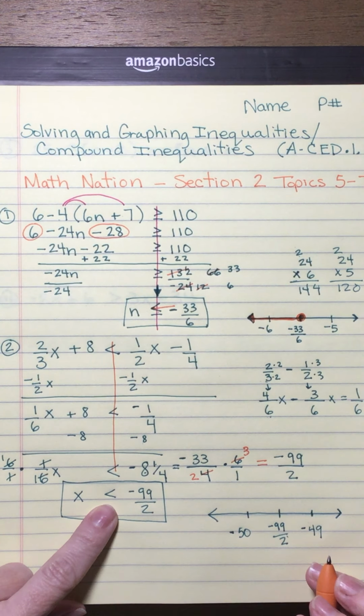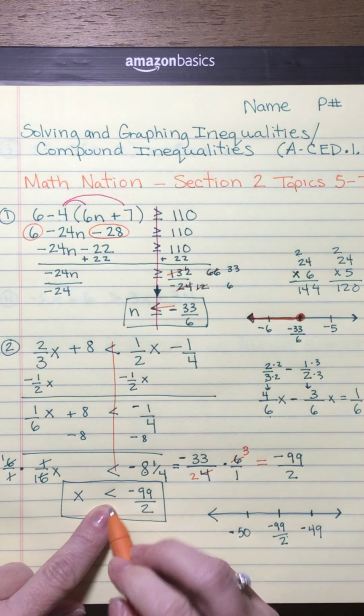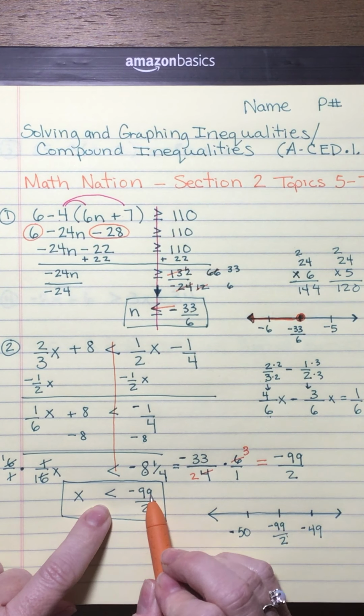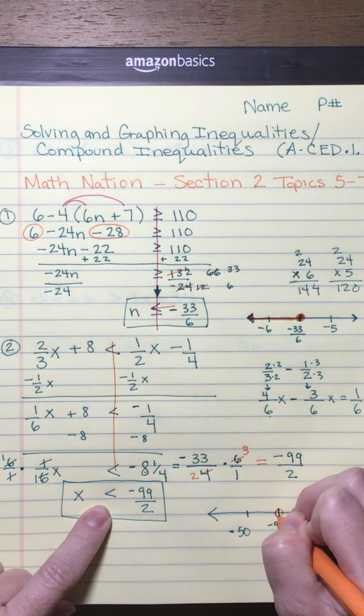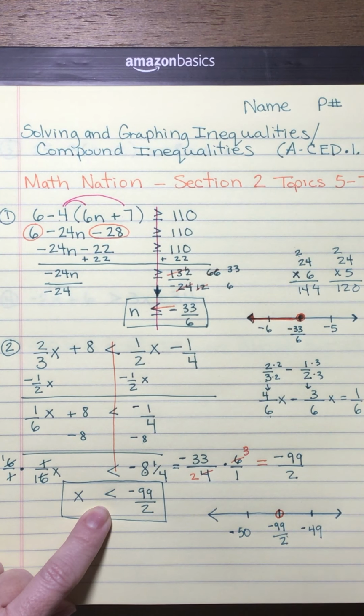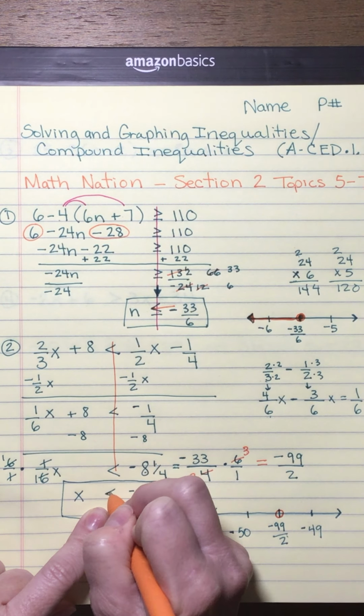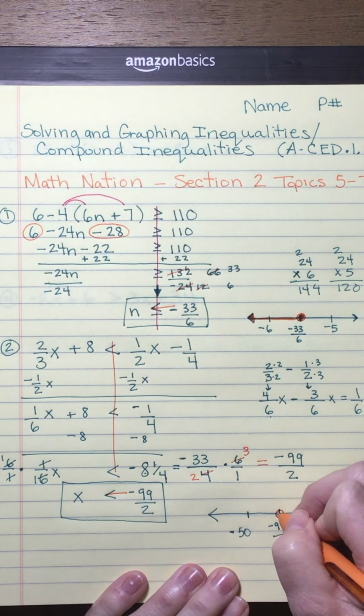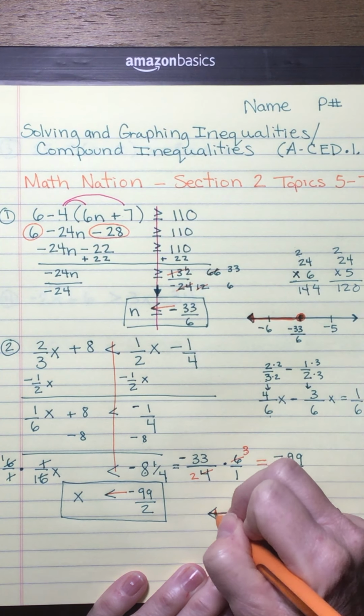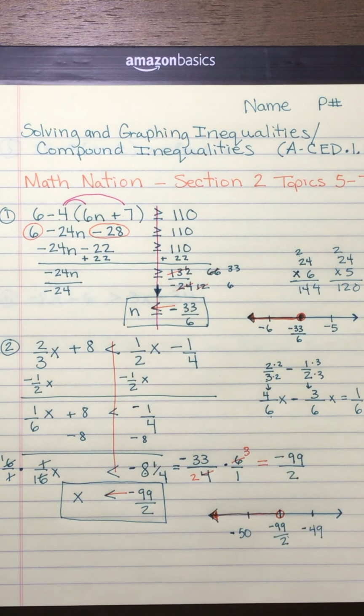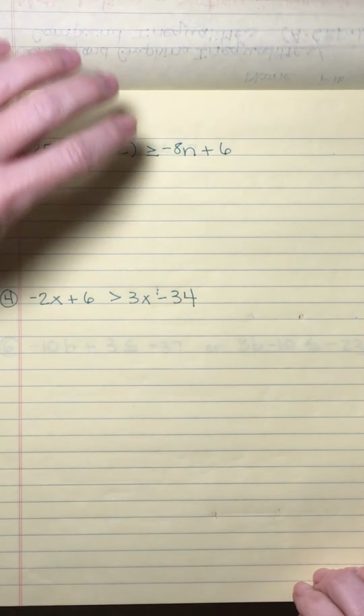All right, so let's go ahead and take a look at this. It does not include this number. It says it has to be less than this number, but it doesn't include it. So there we have our open circle. And again, you can draw that arrow. Anything that is smaller is going to go to the left. And there we've got our graph, okay? All right, let's do a few more.